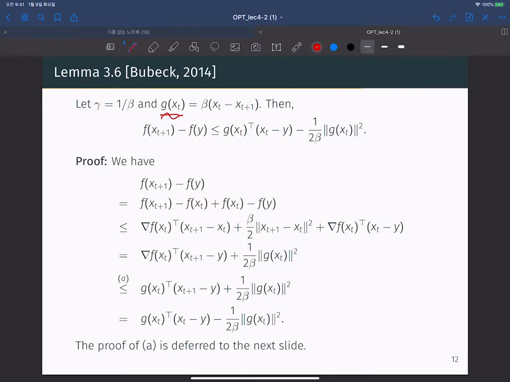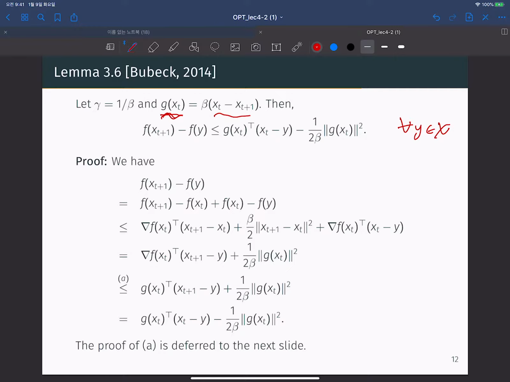This is kind of an effective gradient, defined using the true update direction. Then f(x_{t+1}) minus f(y) is less than or equal to G(x_t) transpose times (x_t minus y) minus 1 over 2 beta times the norm of G(x_t) squared, for y in your constraint set.